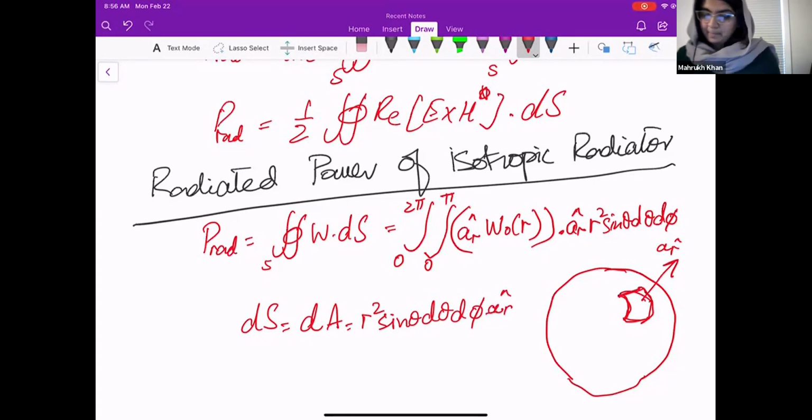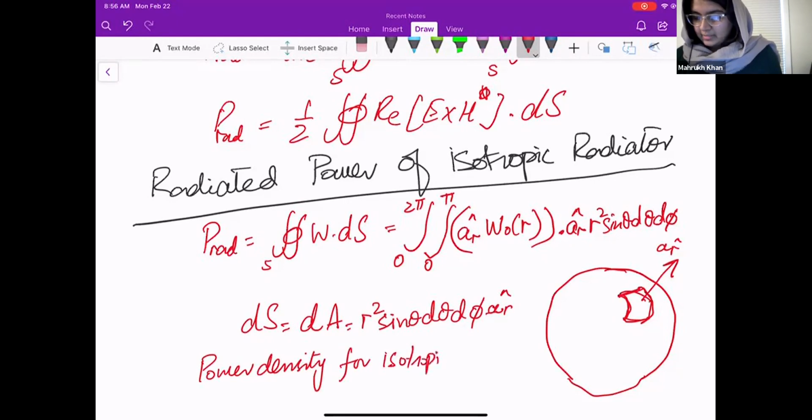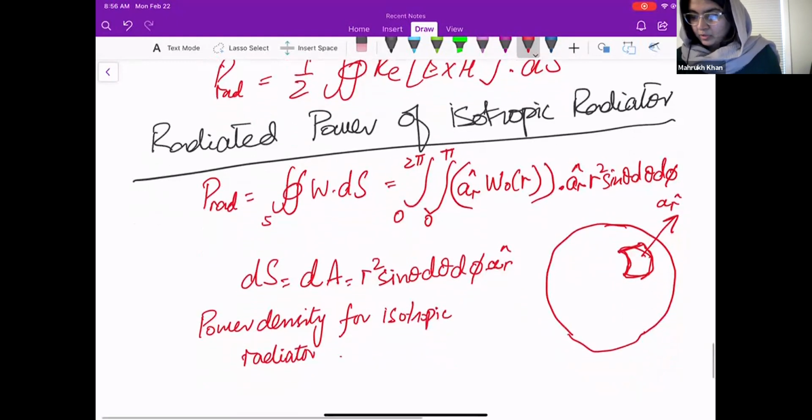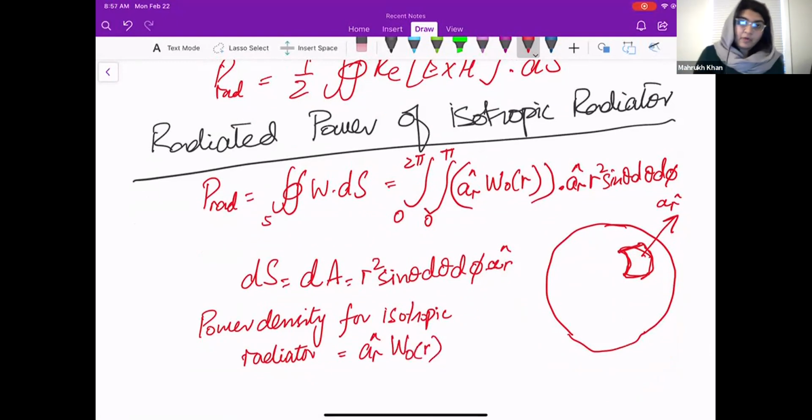And my power density for an isotropic radiator is also a_r, I'm not defining what it is, just a_r W_0(r).